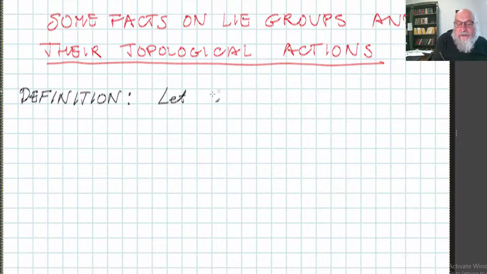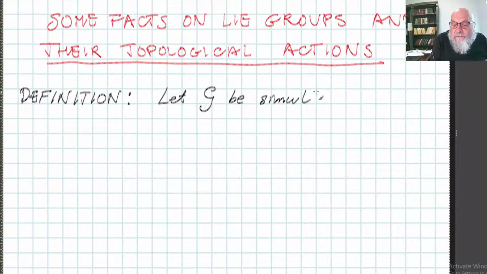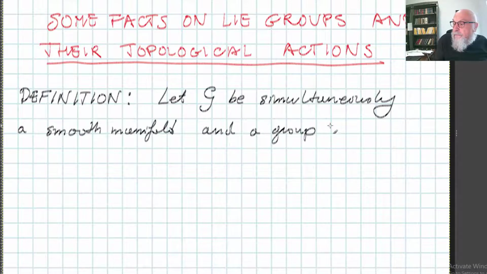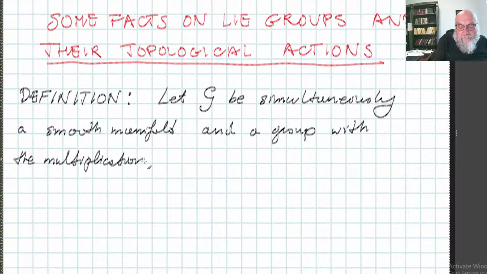Let G be simultaneously a smooth manifold and a group, with the multiplication, and I will just write it down like M, multiplication.